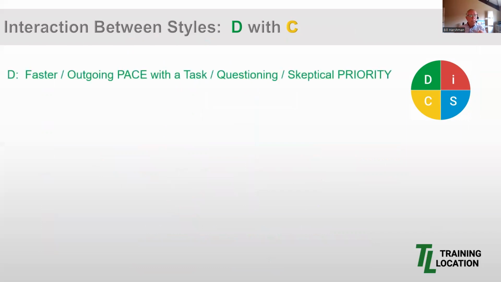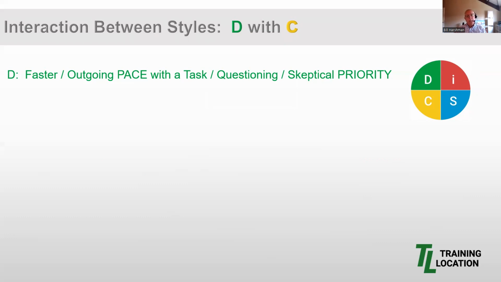I want to review the D or dominant style descriptors from a previous blog on our traininglocation.com website. Now, as noted, the D style has a generally active, outgoing, might say bold pace. And I'm purposely using some different descriptors along the way here, and you'll find those with which you're comfortable and go on from there.